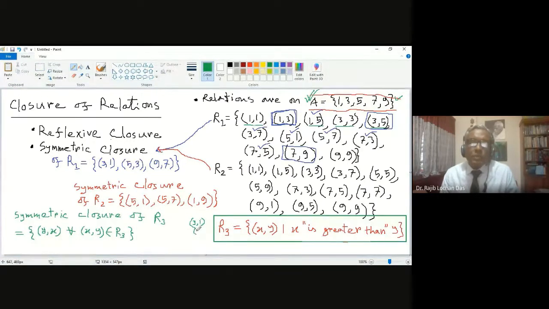And 5 comma 1 is a pair, the opposite of this is needed. 5 comma 3 is a pair, the opposite of this is needed. So for any pair you already have in your R3, you need the opposite of that, because no one is present, everyone is missing. So in this case actually R3 is antisymmetric.